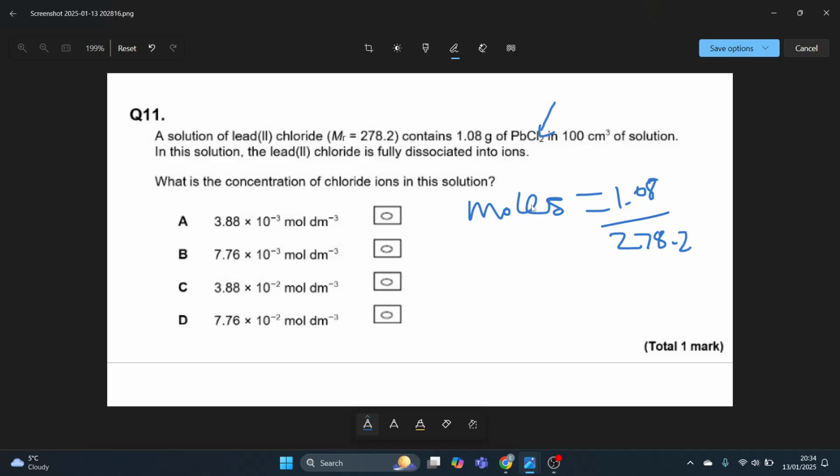I've got the moles and the volume, so concentration is my moles divided by my volume times 10 to the power minus 3. So 1.08 divided by 278.2 divided by 100 times 10 to the power minus 3 times by 2. 7.76 times 10 to the power.